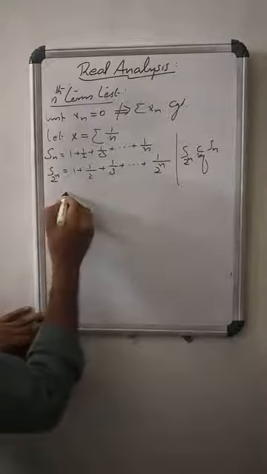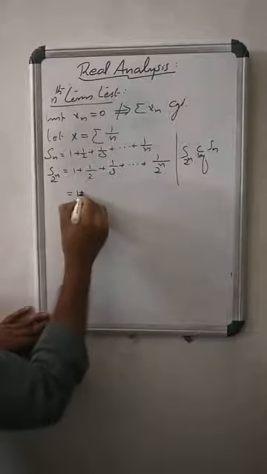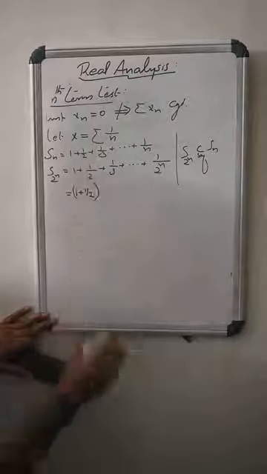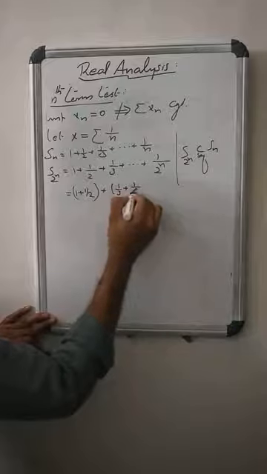Now this S2 power n can be rewritten as 1 plus 1 by 2. Okay. Plus the next term is arranged as 1 by 3 plus 1 by 4.